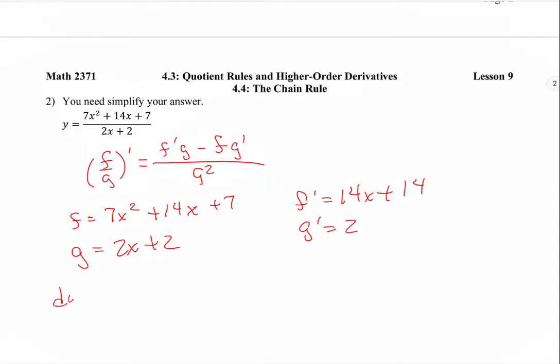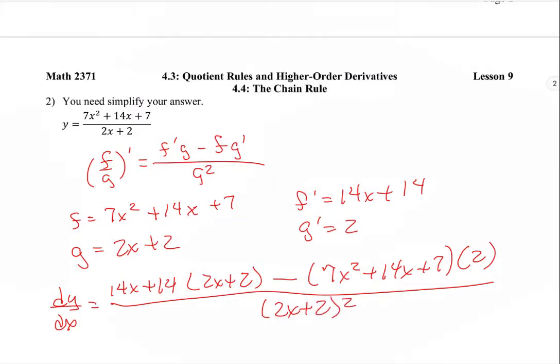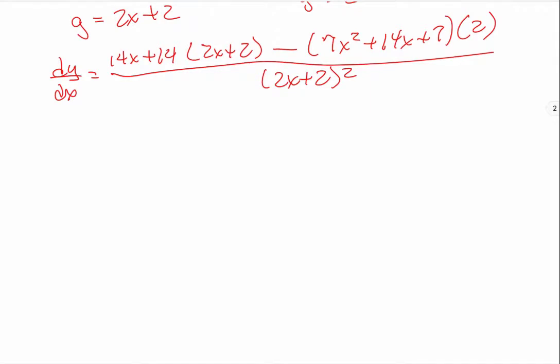So what I find is that dy dx equals f prime, 14x plus 14, times 2x plus 2, minus f, 7x squared plus 14x plus 7, times 2, all over 2x plus 2 squared, and that should have a parentheses around it.